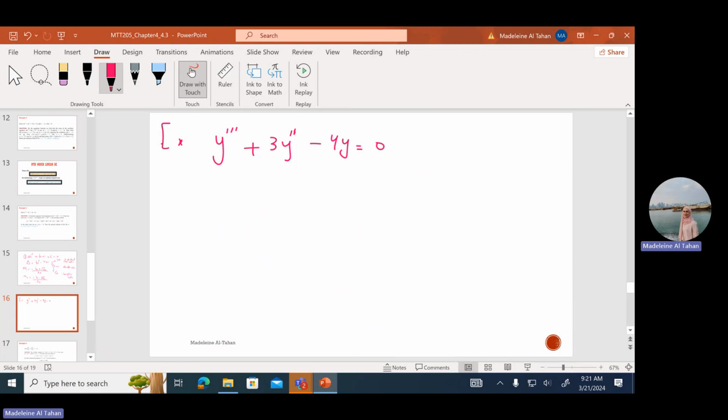Please think about this exercise. Write the auxiliary equation for it first and solve. How many roots should we have? What's the order of this one? So how many roots? 3.